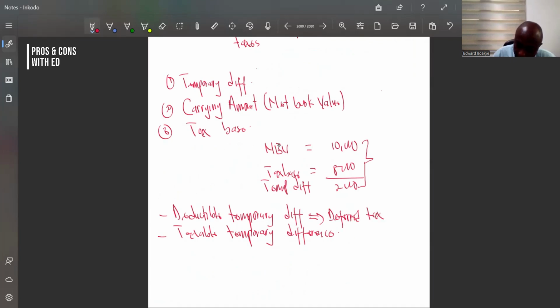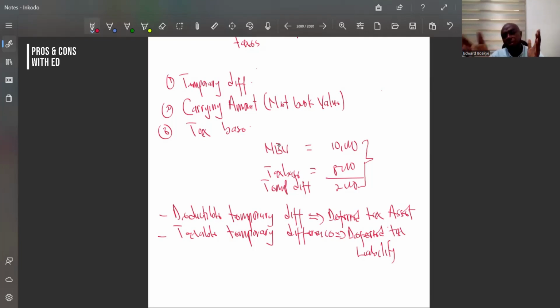However, if we charge our tax rate on a taxable temporary difference, then we get what we call a deferred tax liability. This is very, very simple. That's what we mean by calculating your deferred taxes.